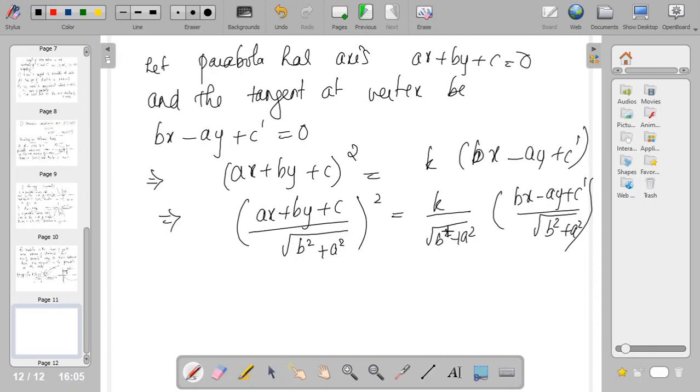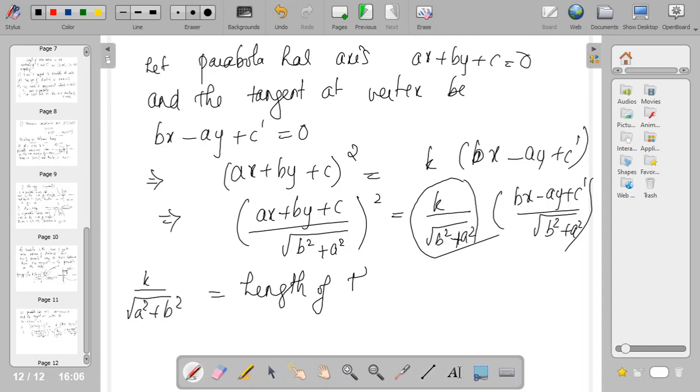So distance square will be equal to k by root of b square plus a square times the distance from xy to the line bx minus ay plus c dash. Here we get k by root of a square plus b square, a fixed constant, that will be equal to the length of the latus rectum.